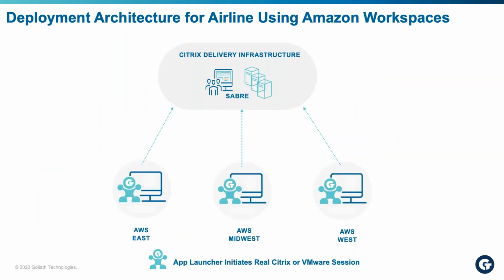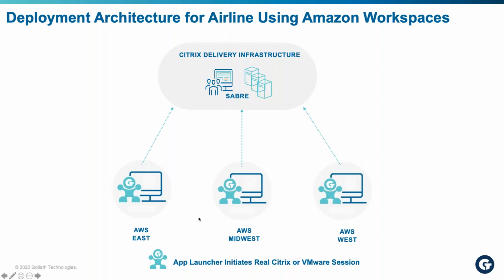Absolutely. So if we look on this slide here, this is the actual deployment architecture for this airline. And you can see they have a central Goliath console that is deployed in AWS. And then they also have these application launchers deployed in different regions in AWS as well.